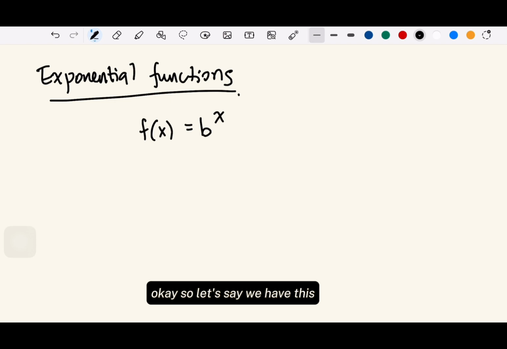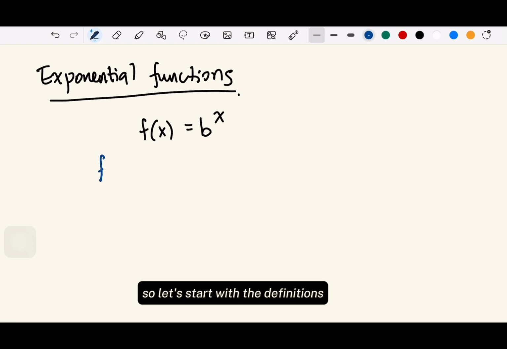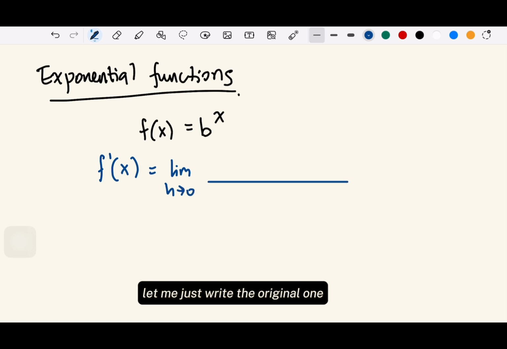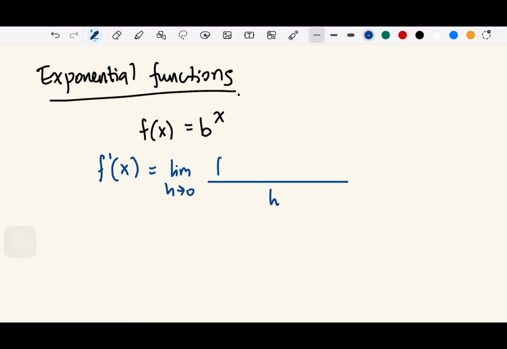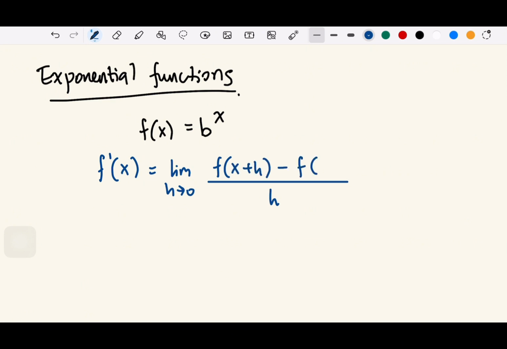So let's say we have this. We would like to know the derivative of this. So let's start with the definition. Let me just write the original expression for the limit definition.